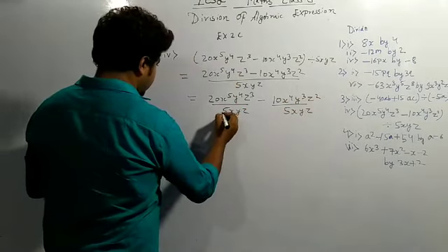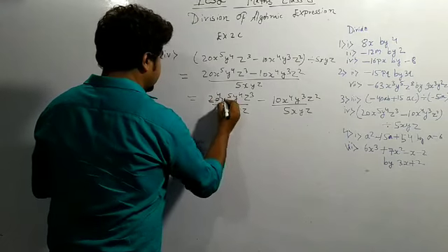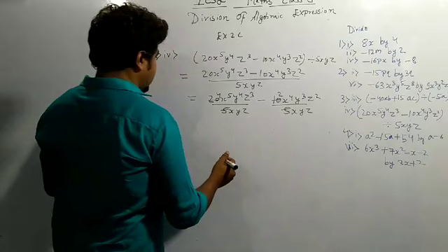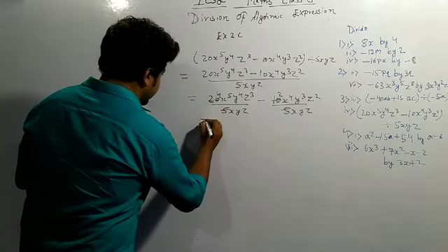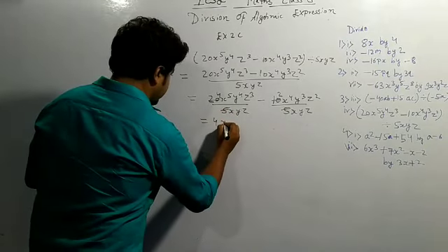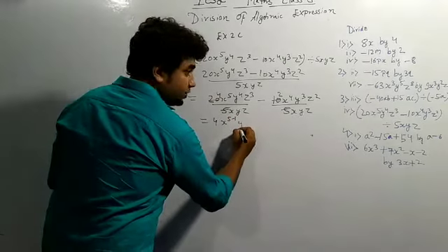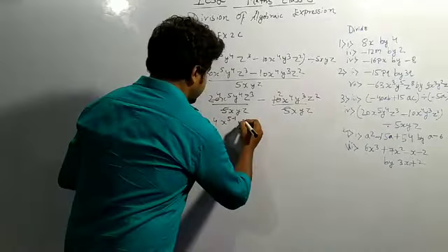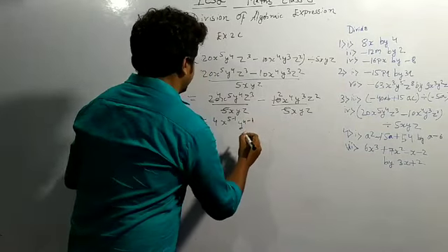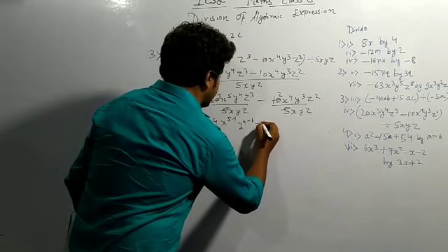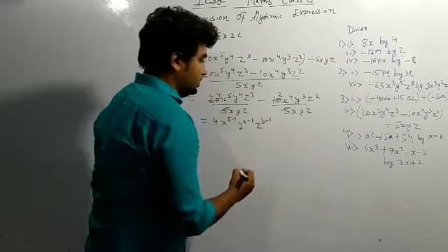So again we can cancel, 5 fours are 20, 5 twos are 10. Here we will be getting x to power 5 minus 1, y to power 4 minus 1, and z to power 3 minus 1.